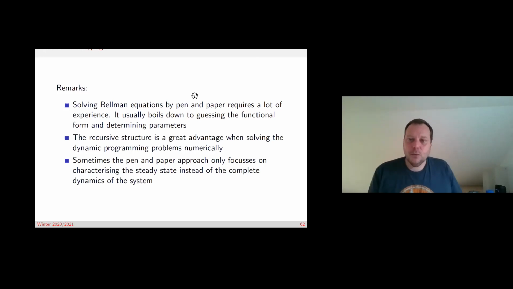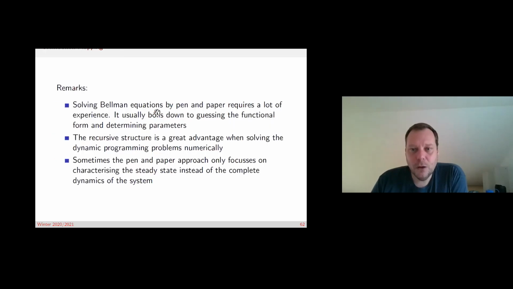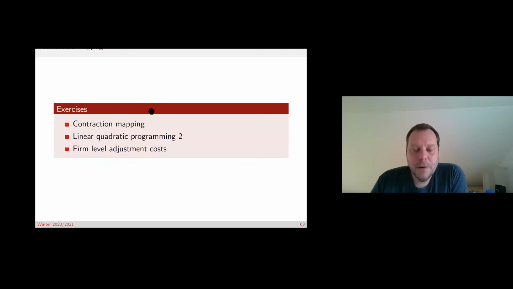The next thing that we would like to discuss is some applications or training sessions for this. We have a direct application of this contraction mapping idea, just doing this by hand.